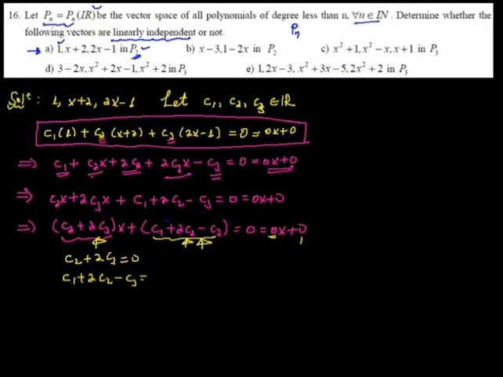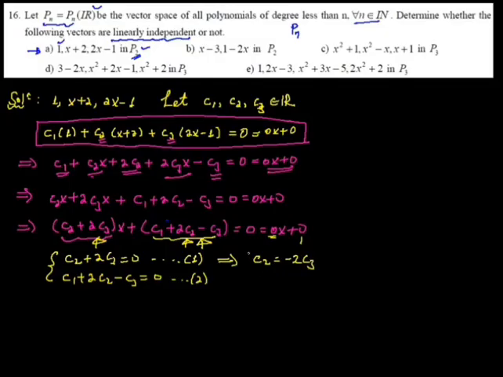So here we have a system of equations. Call this equation 1 and this equation 2. From equation 1 we get c2 is equal to minus 2 times c3.